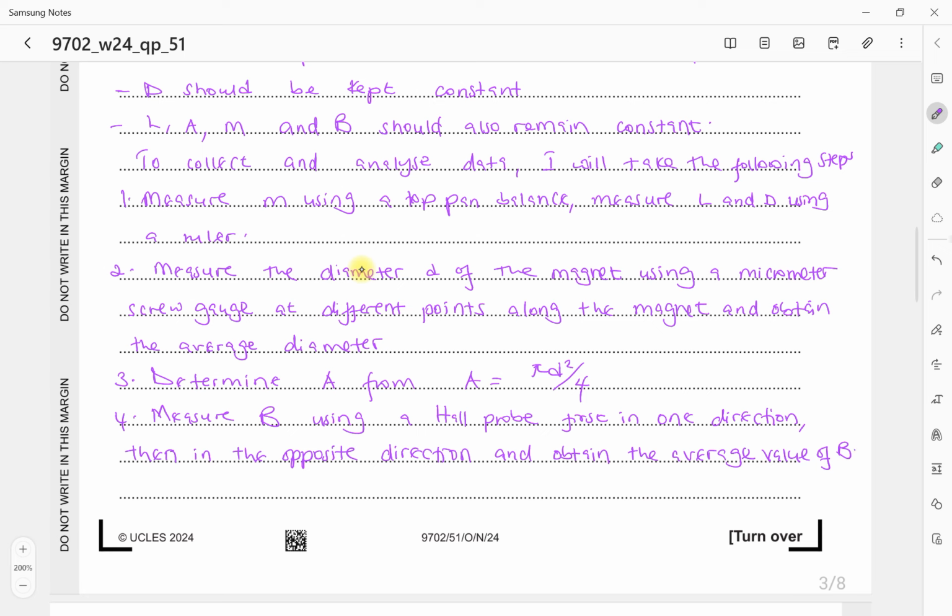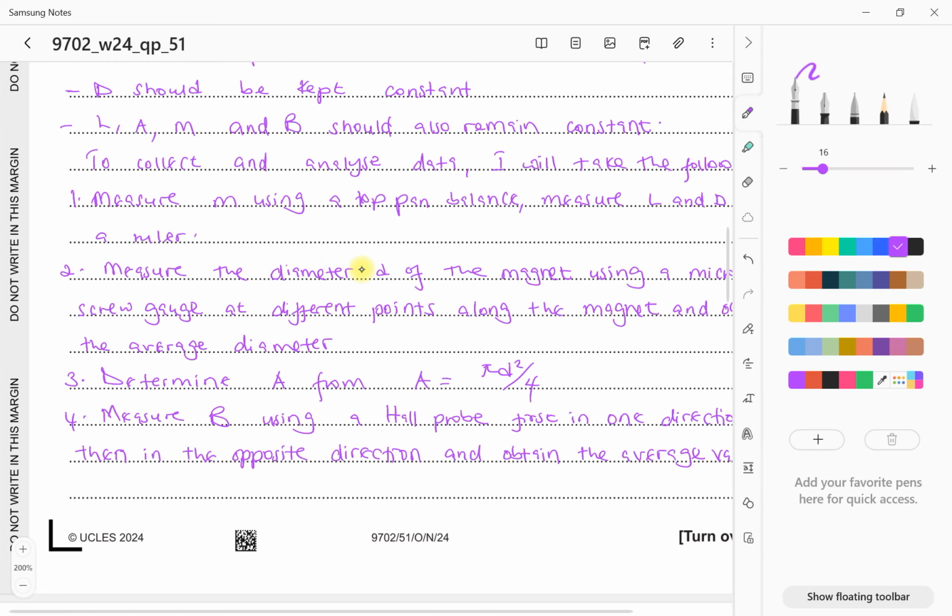Of course, you would also measure using a calibrated Hall probe, where you just adjust the probe until a maximum value is obtained. I'll just write that in a different color because it's just an alternative. Let me use green.